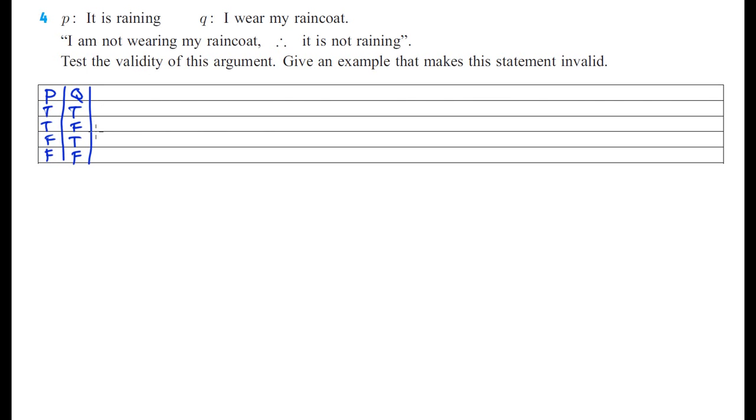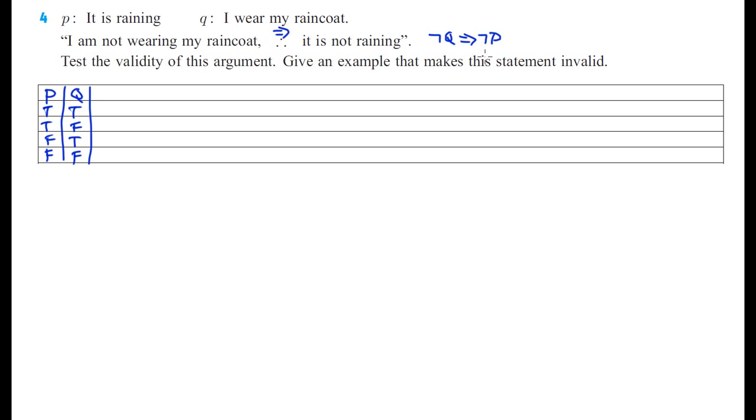Okay, so it's raining is P, I wear my raincoat is Q. So I am not wearing my raincoat. So officially this argument is going to be not Q. Therefore, it is not raining, so we've got not P. And the therefore is the implication piece.